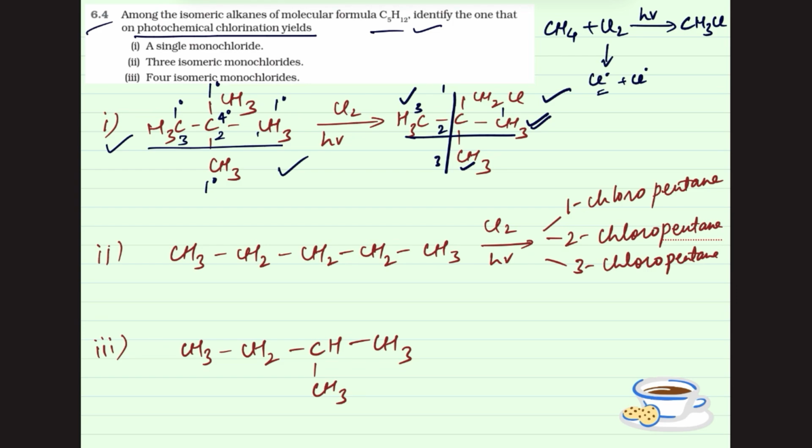Now the second part, 3 isomeric monochlorides. For 3 isomeric monochlorides, you will need 3 types of carbon atoms, which when bonded to chlorine give 3 types of products. Now this is the primary carbon, this is the secondary carbon. Then this is also secondary carbon, this is secondary carbon, this is primary carbon. Now numbering the chain from right to left, this is 1, 2, 3, 4, 5, and numbering the chain from left to right, this will be 1, 2, 3, 4, 5.